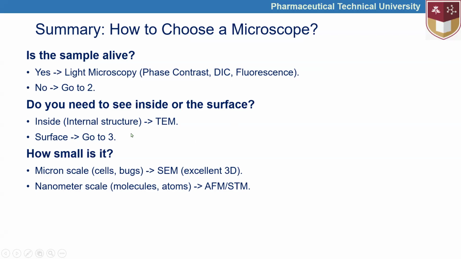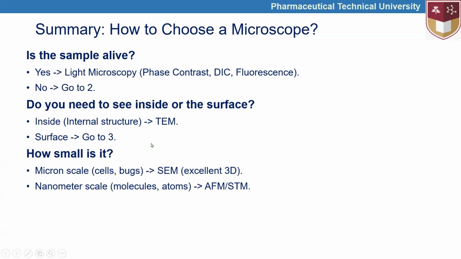If we want to see inside, we can use TEM. Let me tell you that TEM, SEM, and others can also be used for live cells. By non-live objects, we mean smaller objects, because cells are the smallest unit of life. So if we want to see the two-dimensional structure of subcellular compartments, we can use transmission electron microscopy.